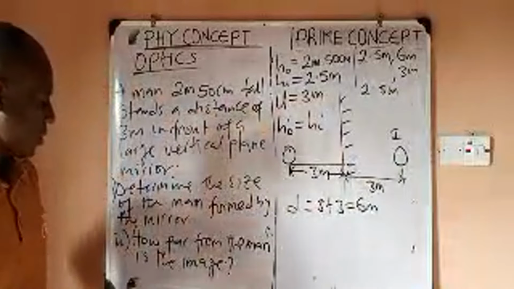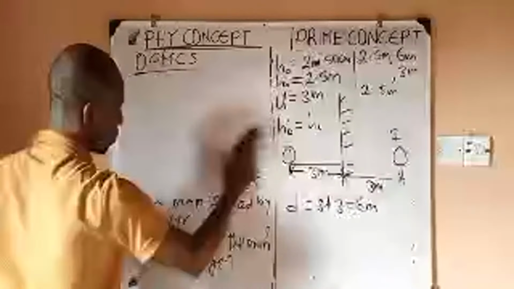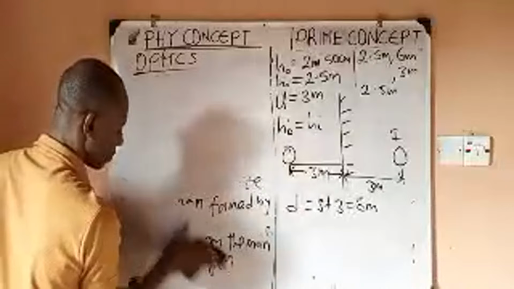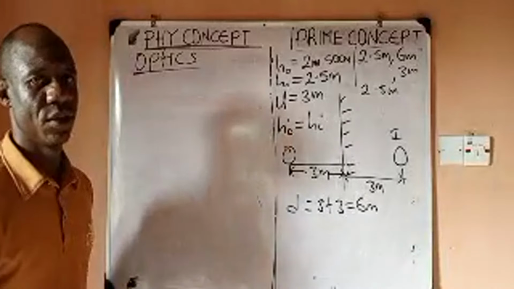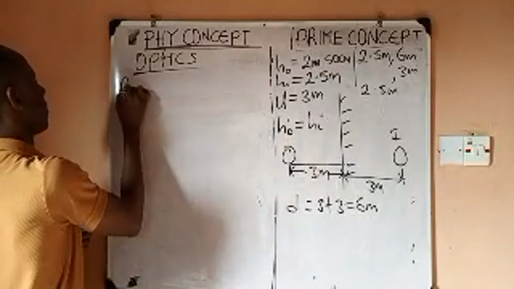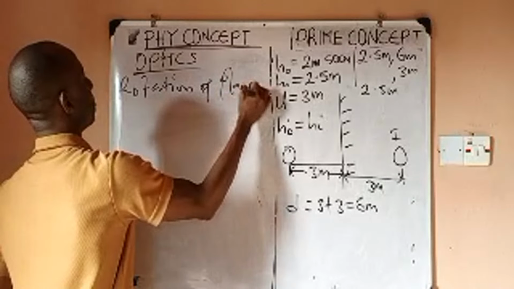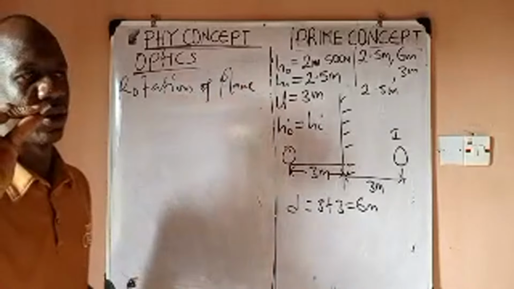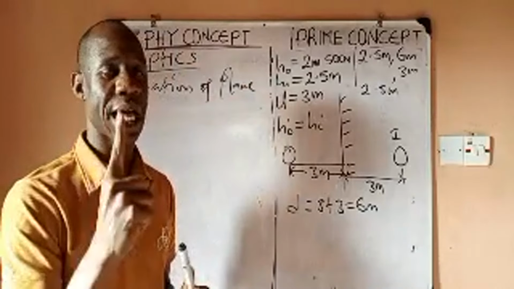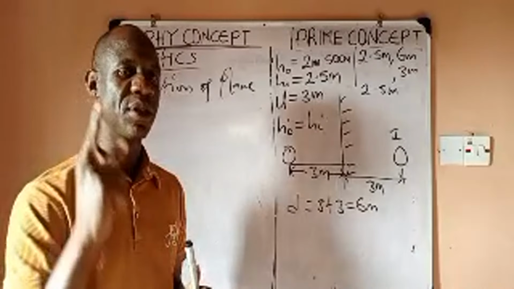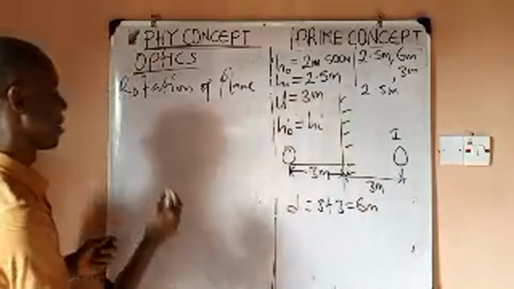Moving on, I have to move to the next thing, which is rotation of plane mirror. Now, when a plane mirror is rotated through an angle of theta, then the angle of reflection is rotated or turned through twice that angle.